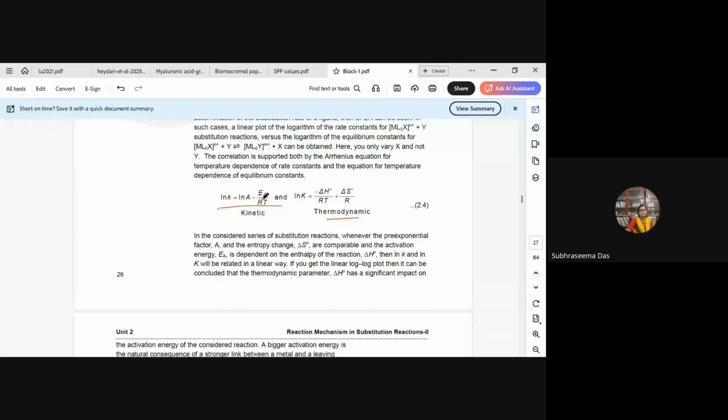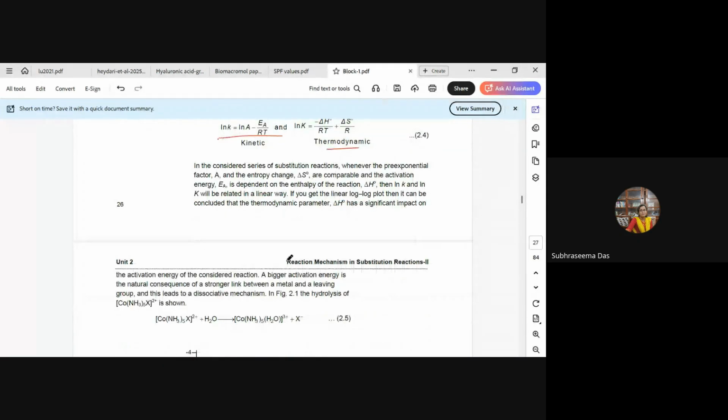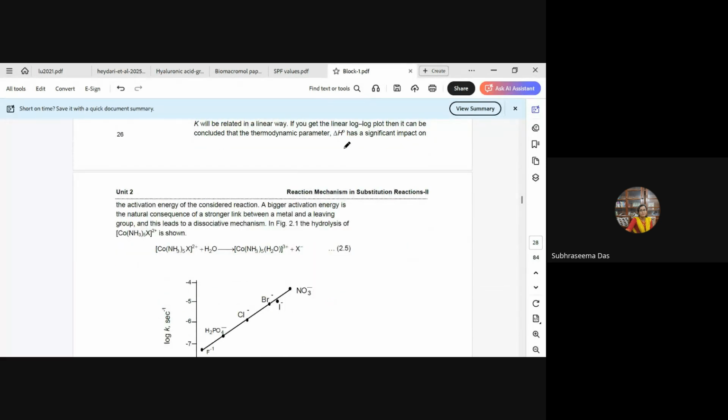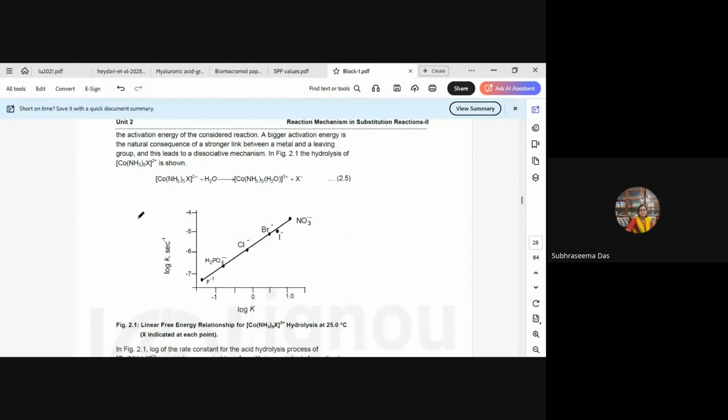Whenever the pre-exponential factor A and the entropy change delta S0 are comparable, and the activation energy Ea is dependent on the enthalpy of the reaction, then ln k and ln K will be related in a very linear way. So if we get a linear log-log plot, it can be concluded that the thermodynamic parameter delta H has a significant effect on the activation energy.